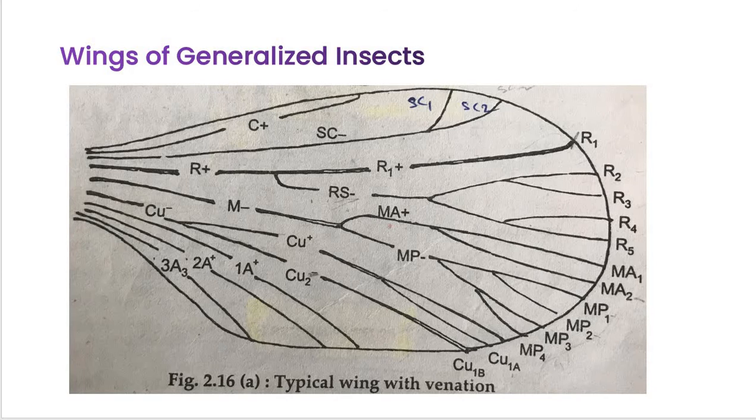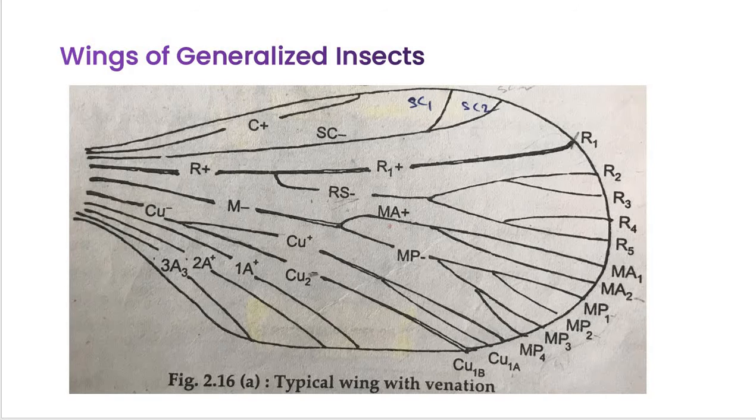So here typically the adult insects have two pairs of wings, particularly in the case of pterygote insects. Pterygote insects means those insects having wings, and such wings are useful for flying. So typically adult insects show two pairs of wings, right?